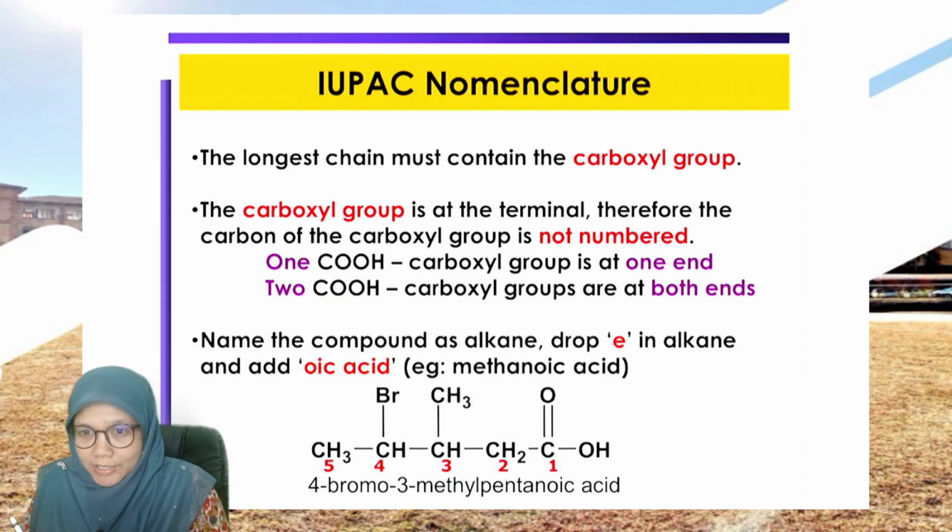If alkane, 5 carbon will be pentane. Because it has carboxyl group, the name will become pentanoic acid. At carbon number 4, we have bromine substituent, and at carbon number 3, we have methyl substituent. So, name of this compound is 4-bromo-3-methylpentanoic acid.